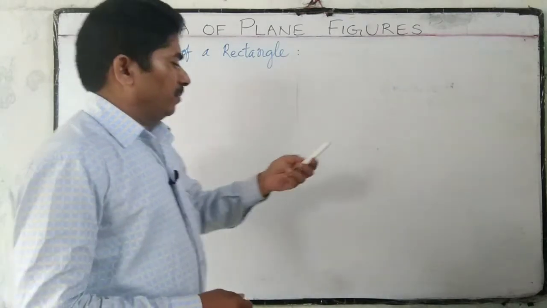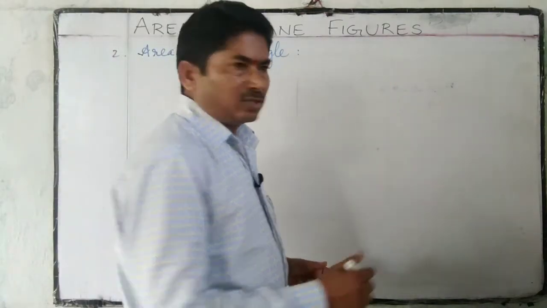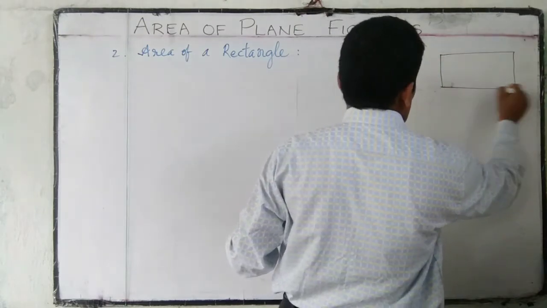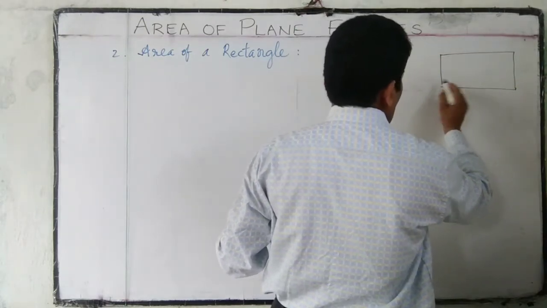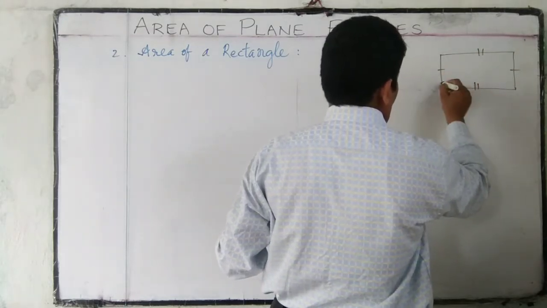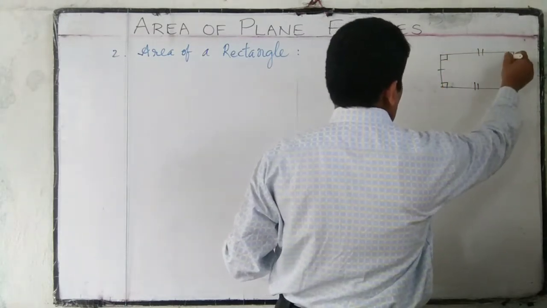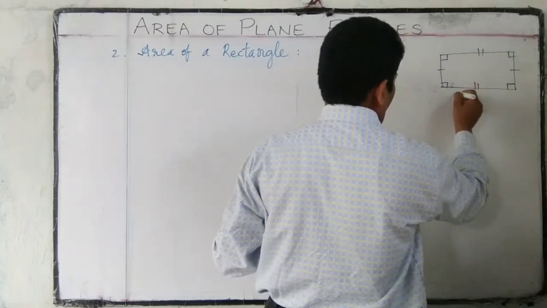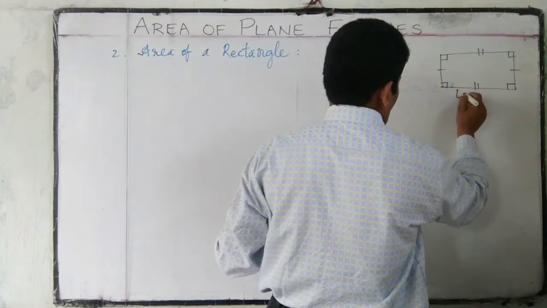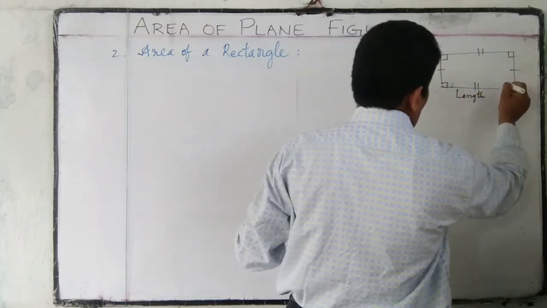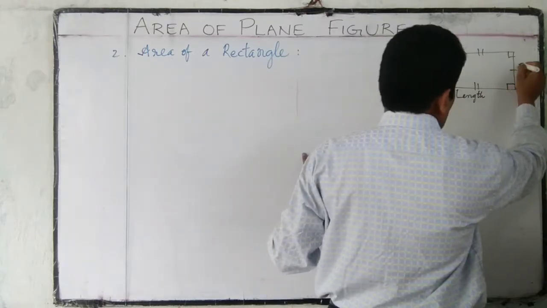Area of a rectangle. To understand area of rectangle, let us draw a figure. This is a rectangle. Opposite sides are equal and each and every angle is 90 degrees. This long side is called length. Short side is called breadth.